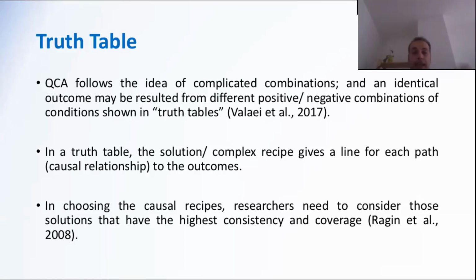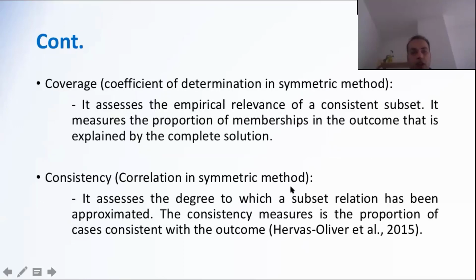That's to say the value score of 1, which has the high membership in the outcome condition. And in choosing the causal recipes, researchers need to consider those solutions that have the highest consistency and coverage. Now we would talk about these two criteria, consistency and coverage.